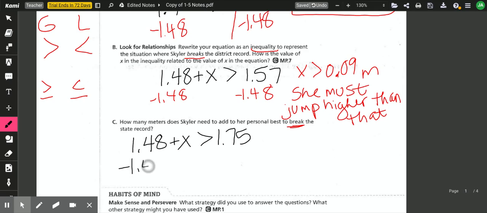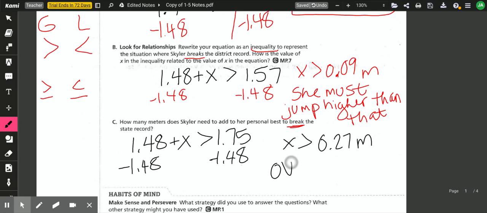So we're going to subtract 1.48 and get that she must jump 0.27 meters at least. So actually she needs to jump over that. So she needs over 0.27 meters.